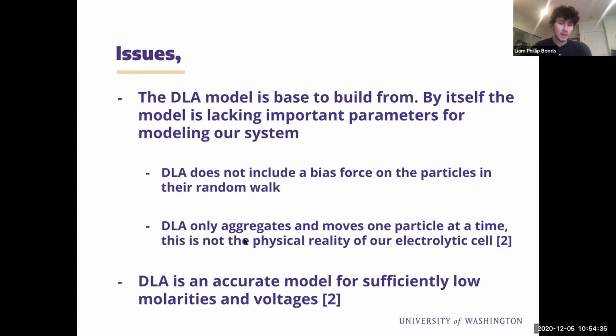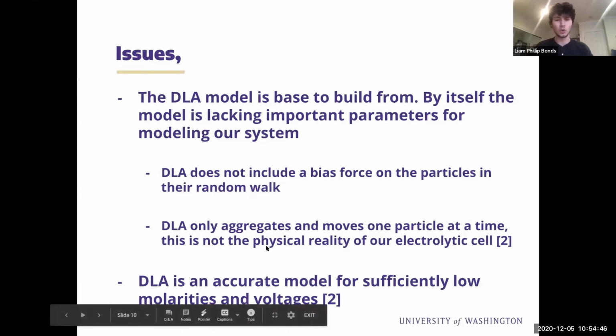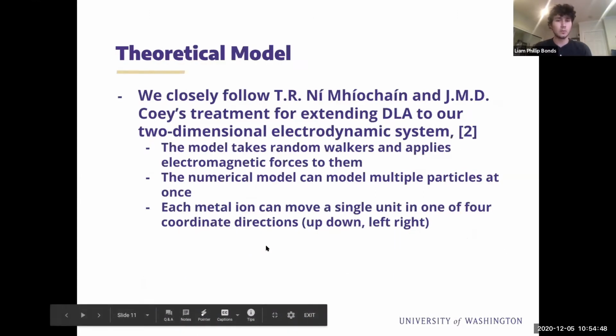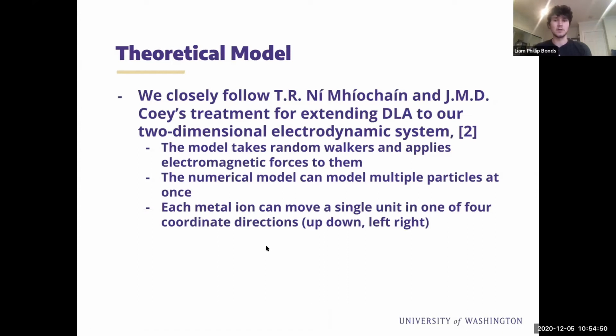And so because of this, it still is accurate at low molarity and voltage, which we will analyze later, but we need to extend it to our situation. And so the theoretical model we're going to follow is Michie-McCohen and Coe's treatment, which induces an electrodynamic force and can also model multiple particles at a time.